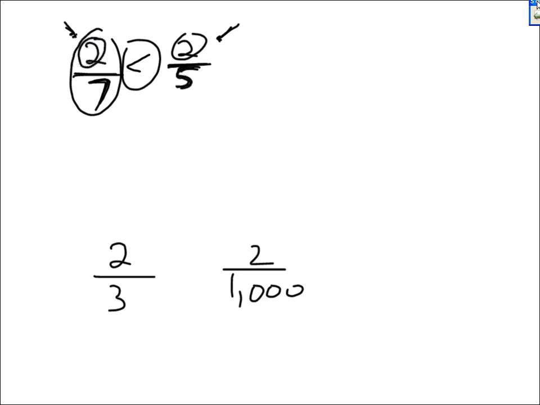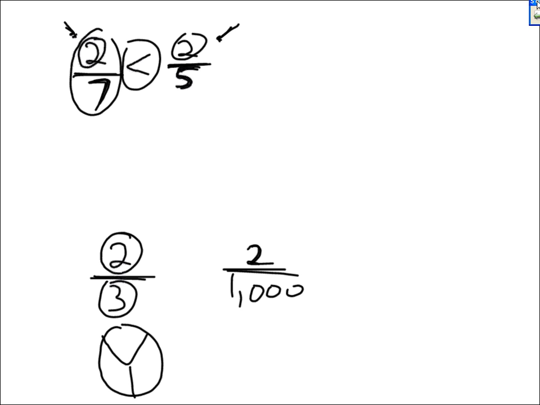2 over 7 is smaller. So if the numerators are the same, you want the denominators to be smaller to be large. The larger the denominator, the smaller the fraction. I'd rather have 2 slices out of 3 as compared to 2 slices out of 1,000.